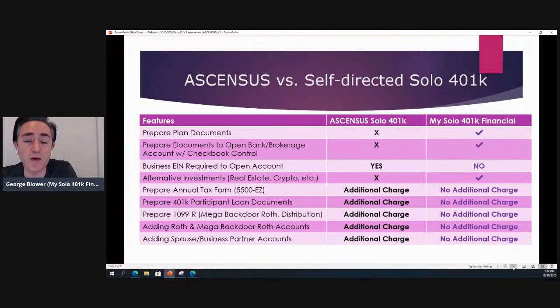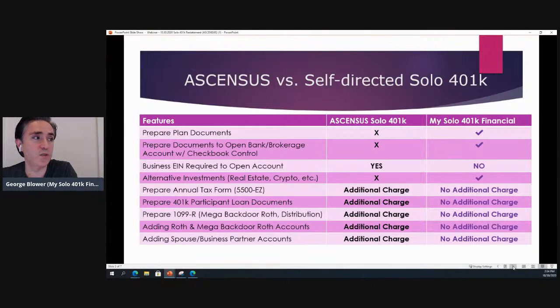Or you might have different types of money, like say Roth money and pre-tax money, where you need different sub-accounts for each type of retirement money. So there can be multiple accounts that are open, and we're either preparing the forms and or working with your banker to get the right type of account set up for your account.